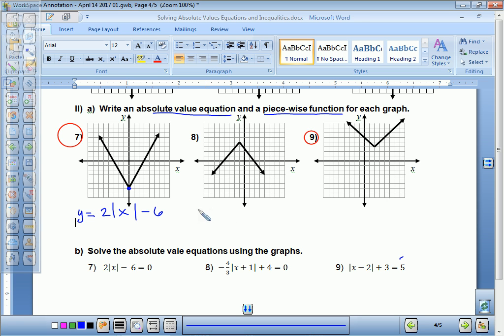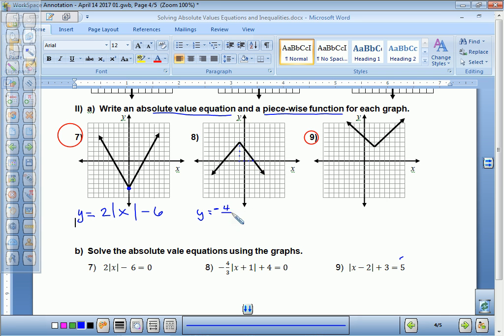All right, so let's jump to this one and see if we can do an absolute value for this one. Now, this one's going to open down, so we know it has to be negative, right? So let's do a slope: 1, 2, 3, 4 over 1, 2, 3. 4/3.